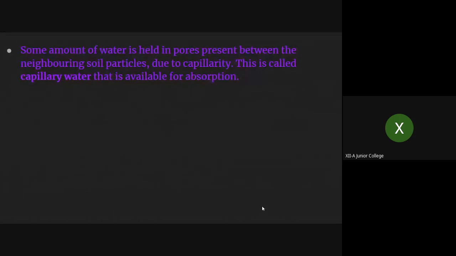In between these soil particles, whatever small gaps and pores are present, whatever water is available in that space forms a capillary, a small tube-like structure, and the plants can absorb this water, that is called capillary water. So out of those 4 types, only capillary water is available to the plants for absorption.